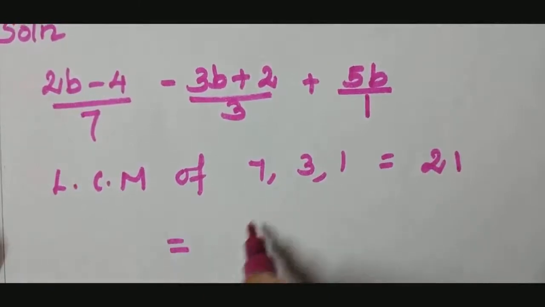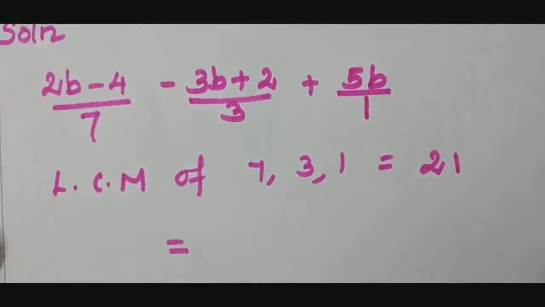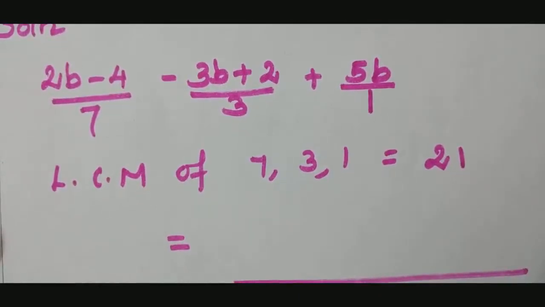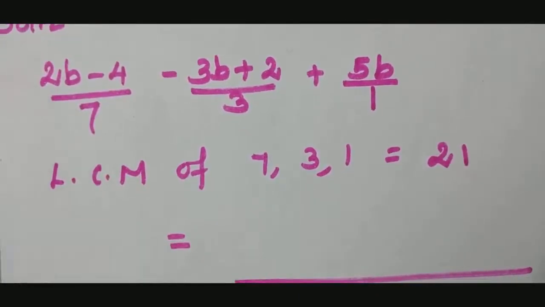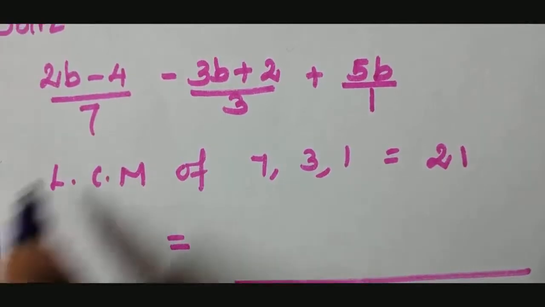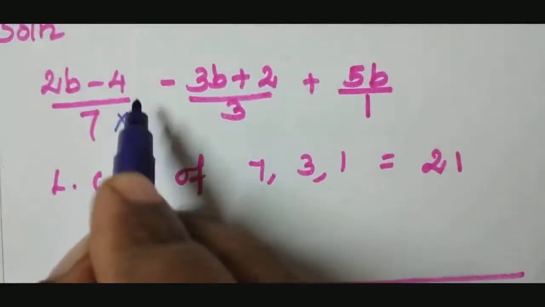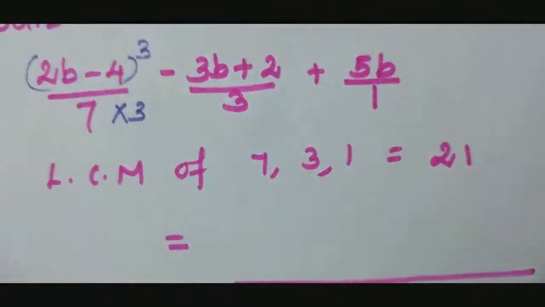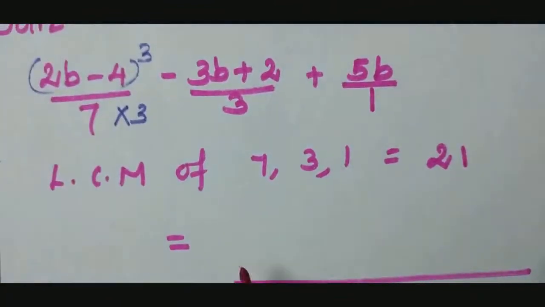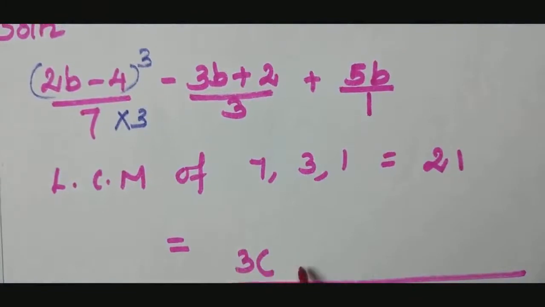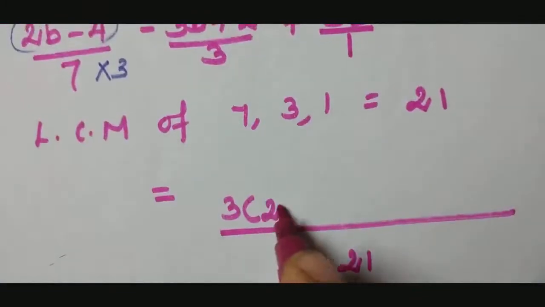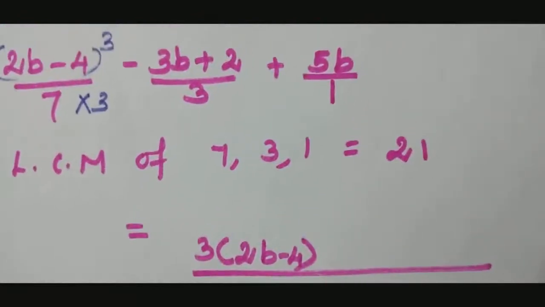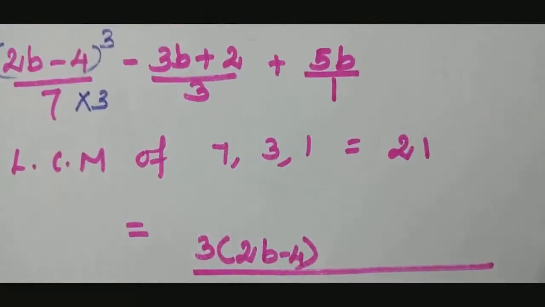Which is equal to, here the common denominator is 21. So the first term, the denominator is 7 here. So you should multiply this one by 3, both the numerator as well as the denominator, to get the number 21. So which is equal to 3 times (2b − 4). The next term, the denominator is 3.